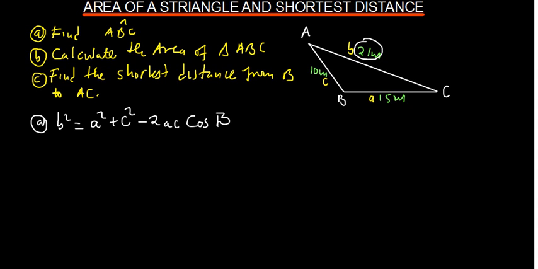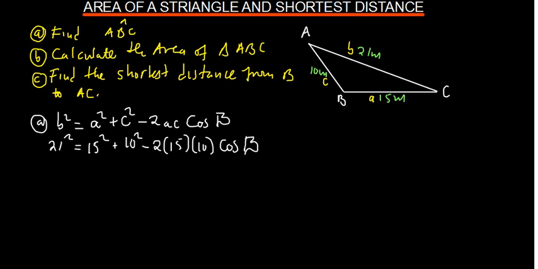Small b is 21, so we put 21 squared, equal to small a, which is 15, so 15 squared, plus small c, which is 10, squared, then minus 2 times 15 times 10 times cos B. What is the angle B? We don't know. That's the one we want to find.